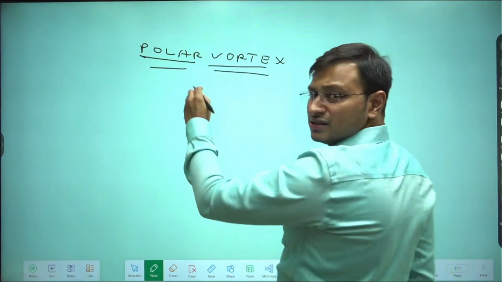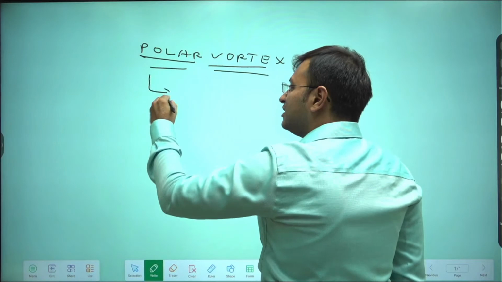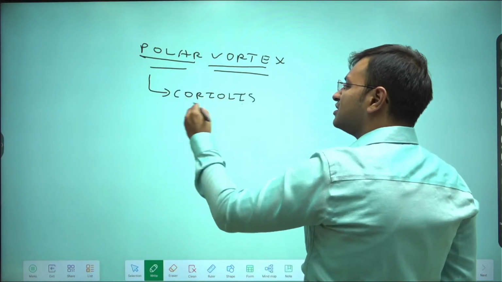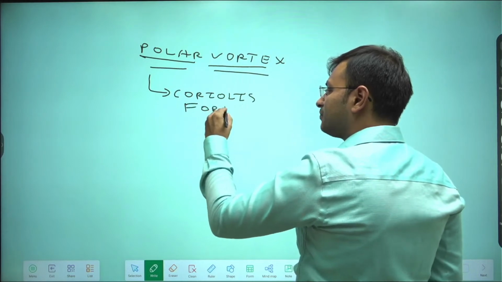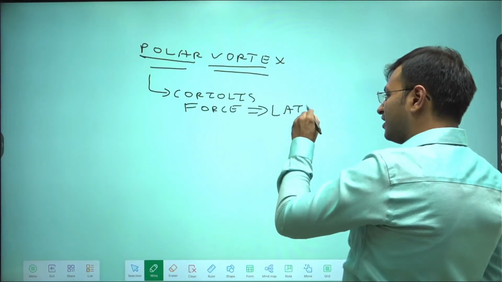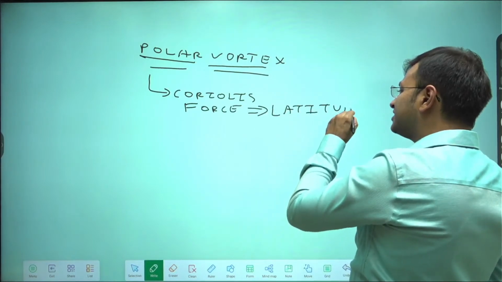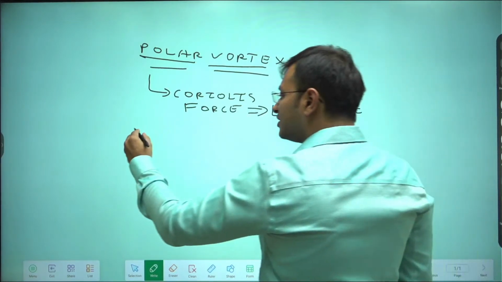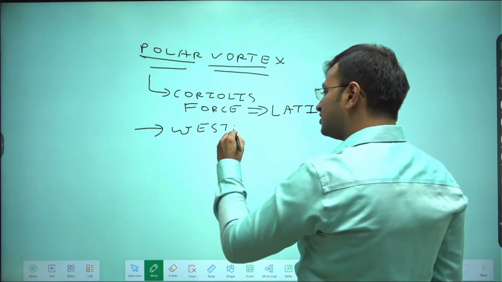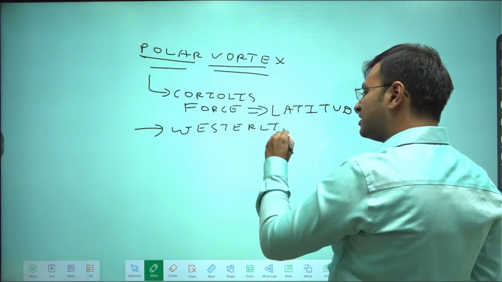I explained a concept called the Coriolis force and its connection with the latitude, okay. I will quickly revise what this means. And we also did the westerlies wind, okay.